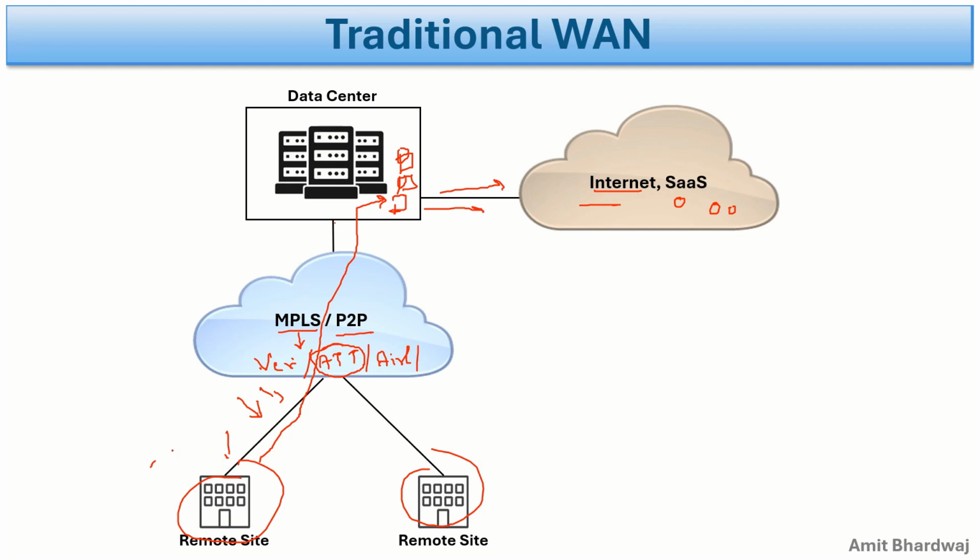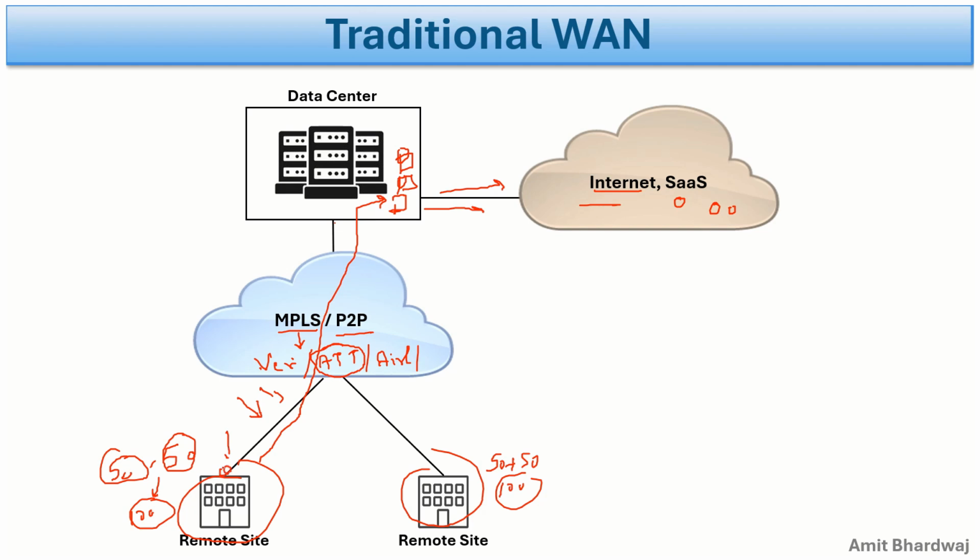Now, the downside of this was, let us say, this remote site requires internet as well as access to the applications. For access to the applications which are in the data center and the SaaS, around 50 Mbps is required, and 50 Mbps for the internet. That accounts to around 100 Mbps here, right? And for this remote site also, 50 plus 50, the same requirement, which accounts to 100 Mbps.